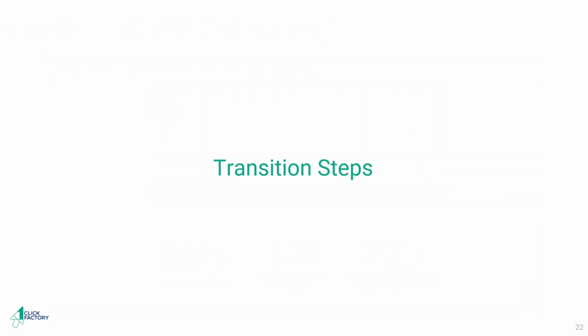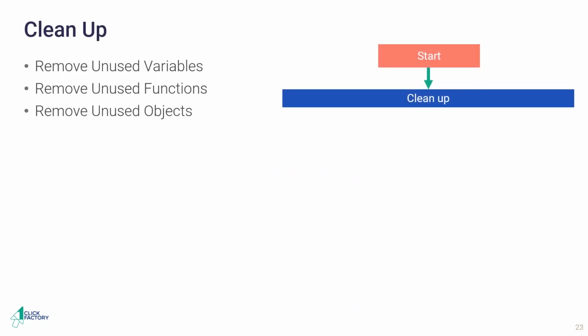Okay, so we're still going to talk about some of the limitations, but at One Click Factory, we have split these limitations into specific transition steps that we do when moving a solution from CAL to AL. The first part is done not even on the AL side, but on the CAL side, and it's called cleanup. The first thing we always do is remove any unused functionality from our customer's Business Central solution.